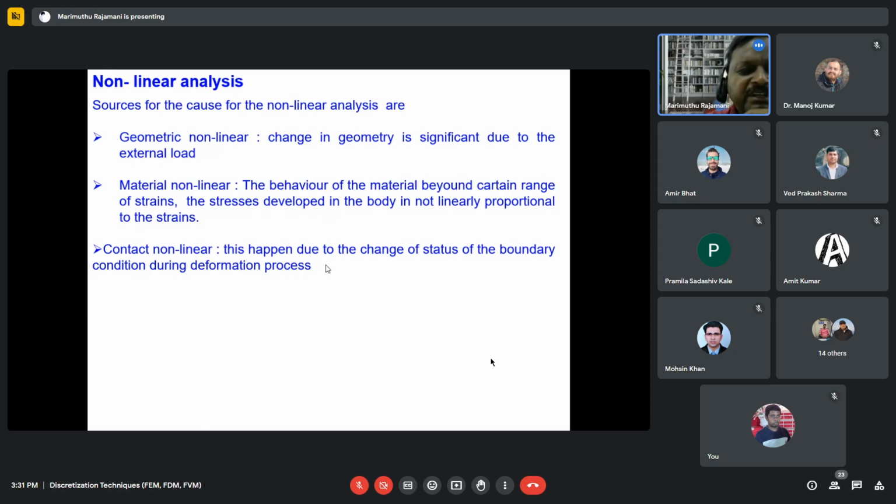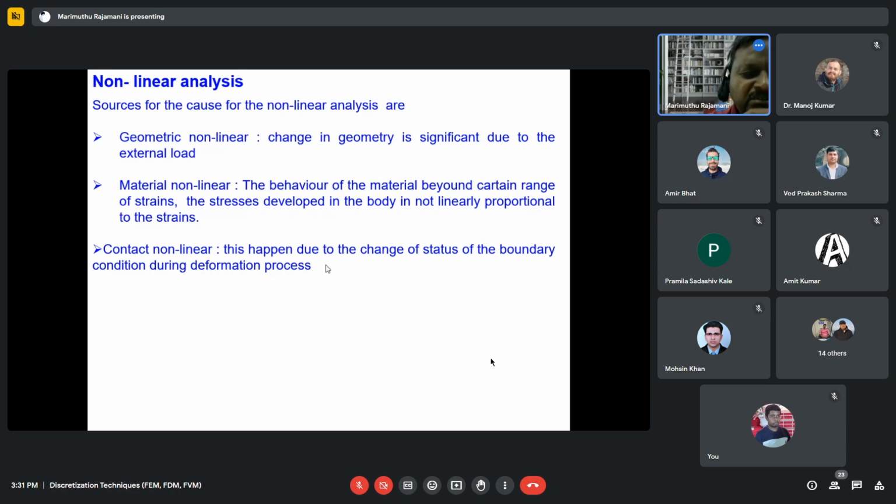When the geometry is significantly different, that is geometric nonlinearity. And in the stress-strain relation, some portion is linear, so the elastic theory applies.